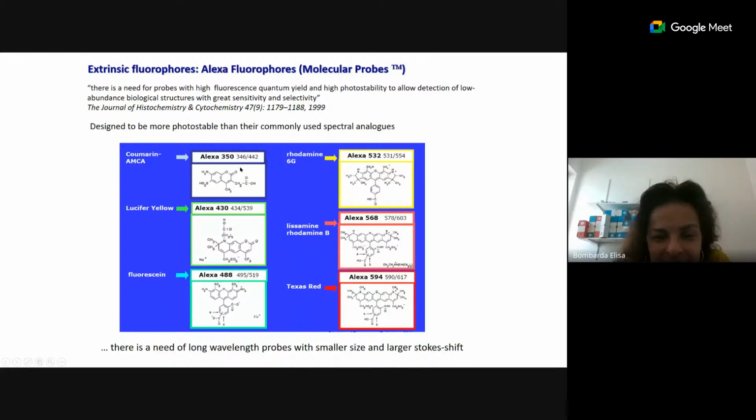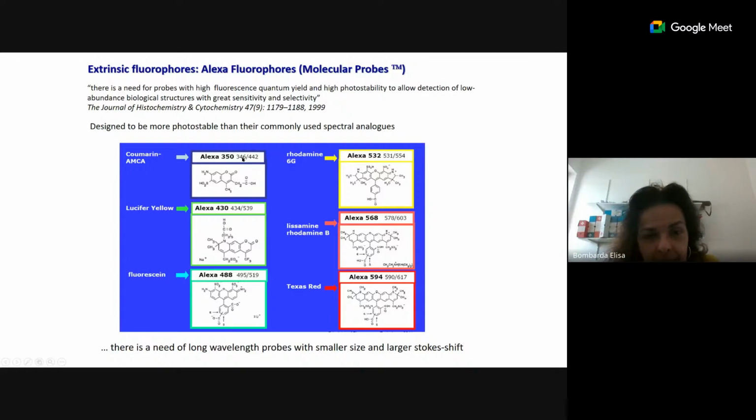You see, it is really a work to develop a dye, and this was really done systematically to try to hit all the wavelengths. The numbers that are written here are the maximum of absorbance and the maximum of emission. That gives us an idea where these dyes actually may work.